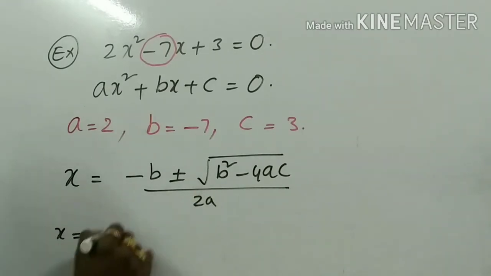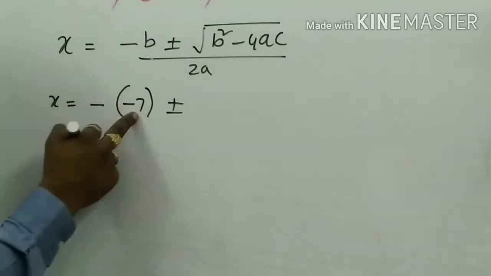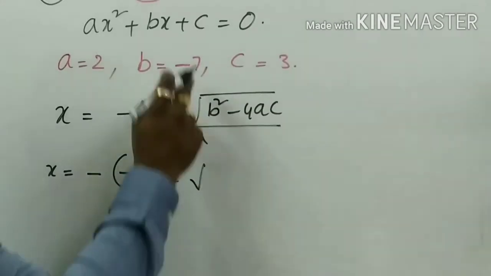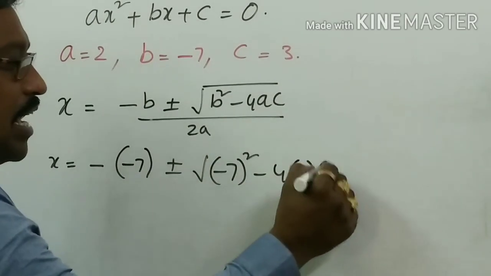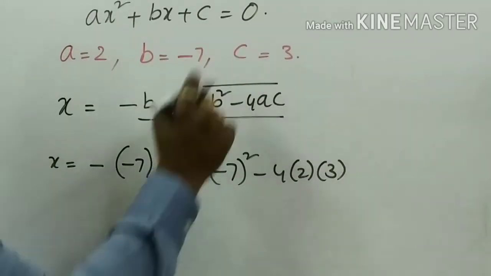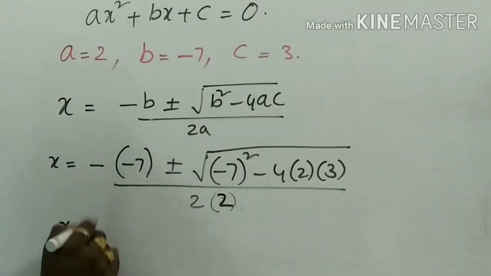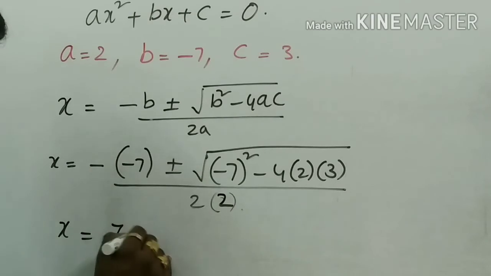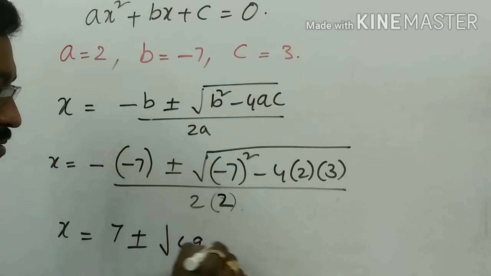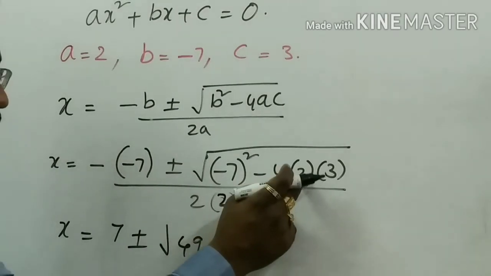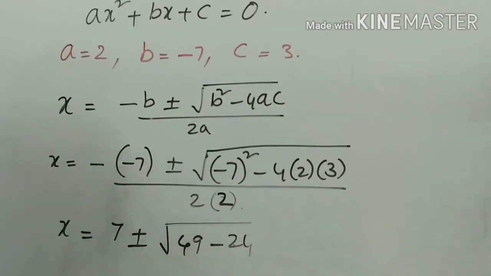So minus b, where the b value is −7, so minus of minus 7, root of b², that is (−7)², minus 4ac, all by 2a. So 2 into minus into minus plus root of 7², 49, minus 4 · 2 · 3: 4 twos are 8, 8 threes are 24, by 2 twos are 4.